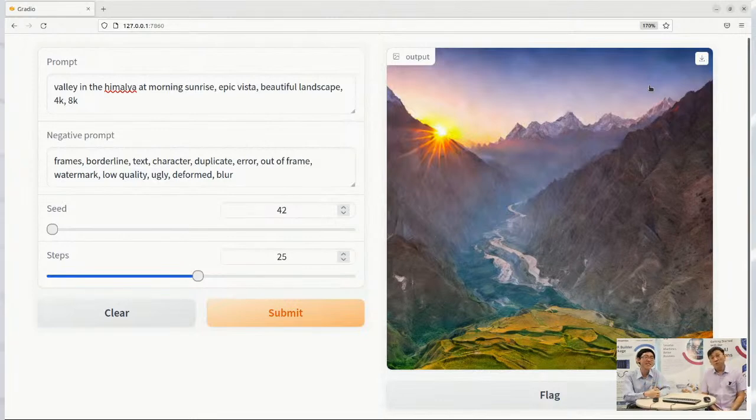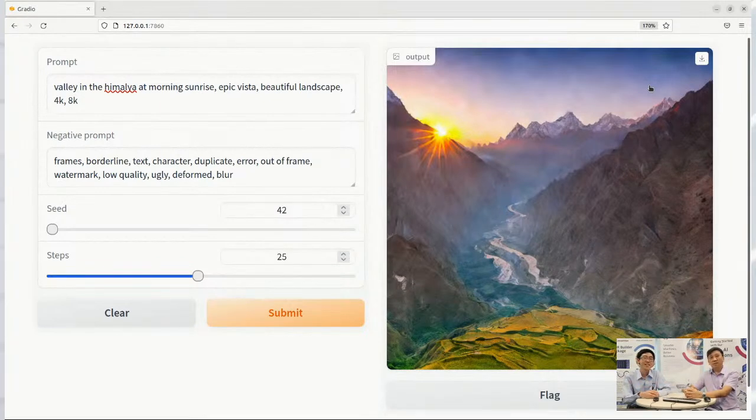So if some of you follow our AI talk about OpenVINO, about the AI framework, Stable Diffusion is equivalent to, if you know about object detection, something like YOLO, SSD MobileNet, Faster RCNN.